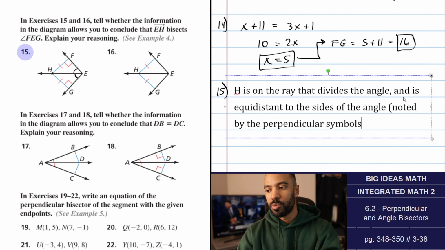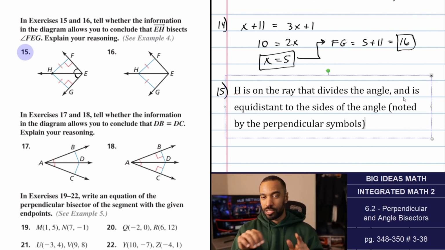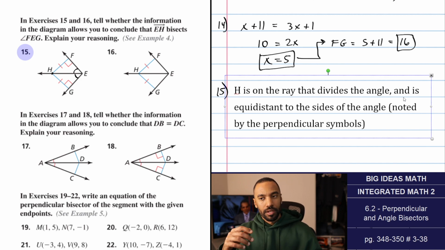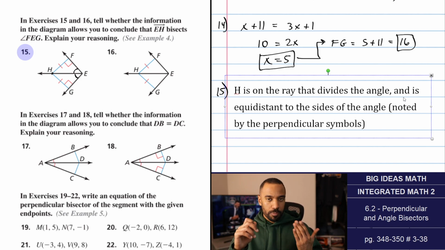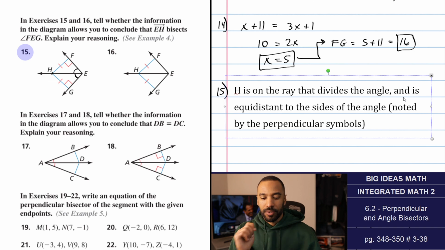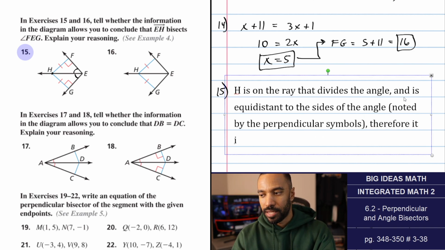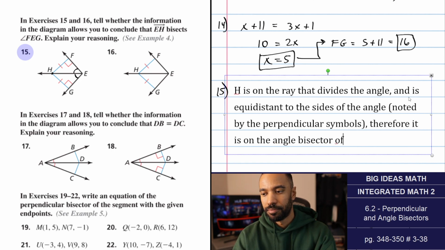See, the perpendicular symbols are noting that you found the shortest distance, noting that they are both the same distance away. And that's an important aspect that kind of gives away what it is that you're talking about. Therefore, it is on the angle bisector of that angle.